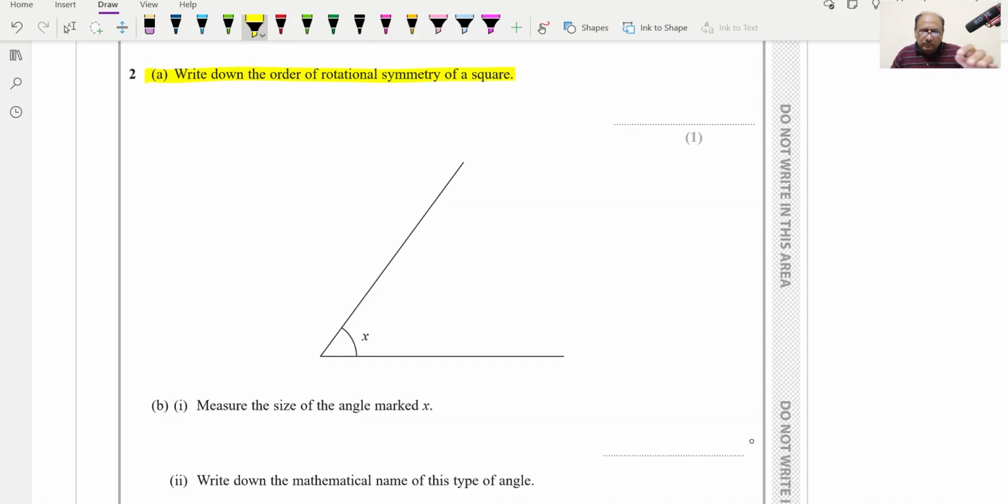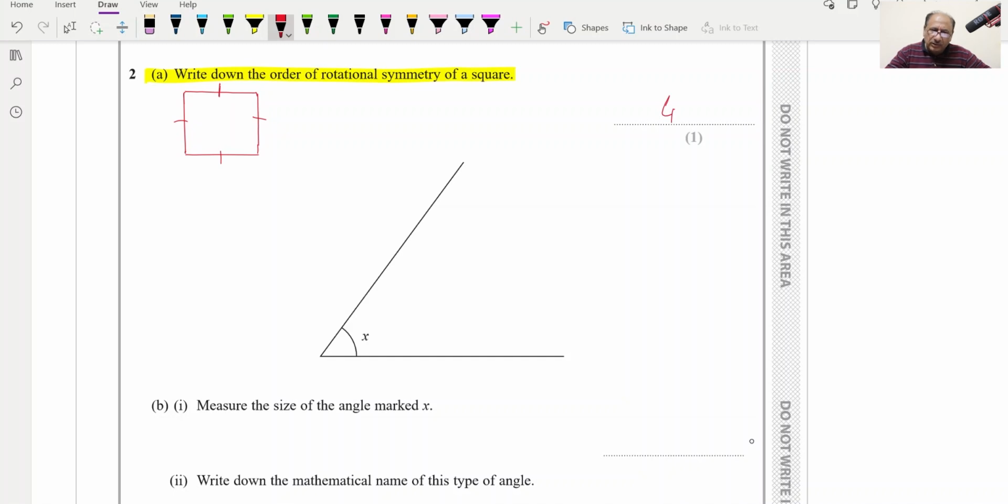A sphere we know is like, for example, if we draw a small sphere diagram, it will be like this one, and this can be rotated to 4 different locations, 1, 2, 3, 4, where it will get the same shape. So its order of rotational symmetry will be 4.